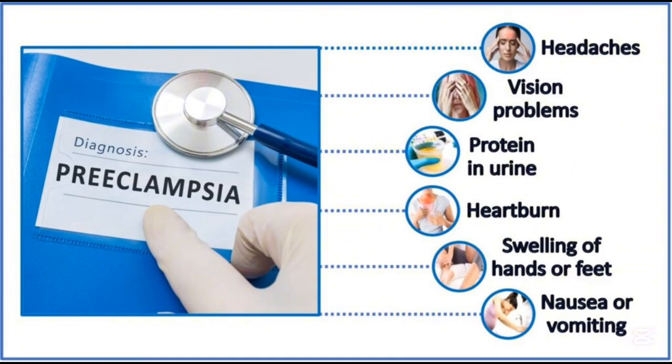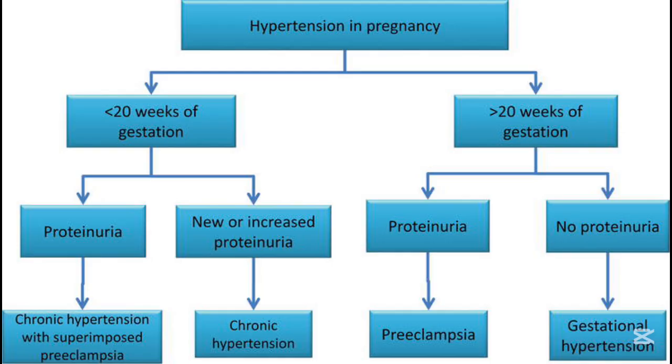So coming to the classification, mostly we can have mild preeclampsia and severe preeclampsia. Mild preeclampsia is where the BP is greater than or equal to 140/90 but less than 160/110, with possible presence of proteinuria and no end organ damage.